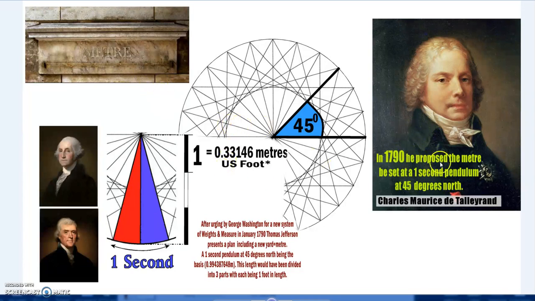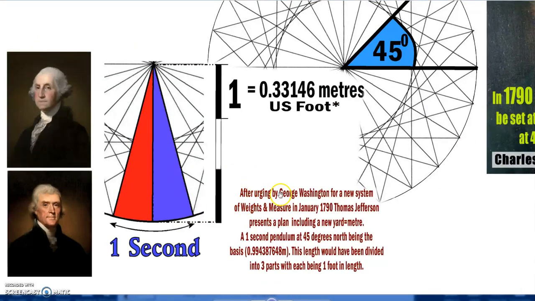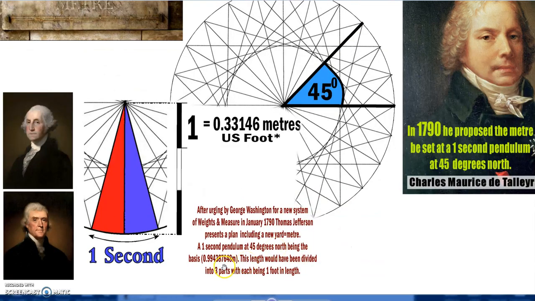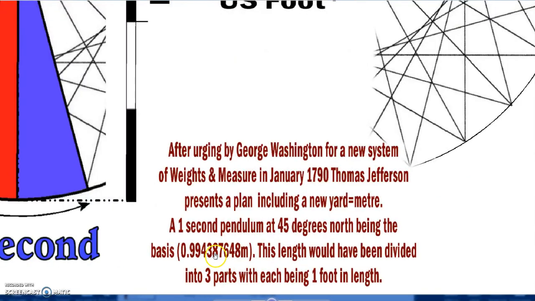This was going to be the definition of the meter in 1790, Talleyrand in France, but also Jefferson and Washington were considering bringing in a new US foot, which would have been 33.146 centimeters, making the yard 99.438 centimeters, or 0.99438 meters.